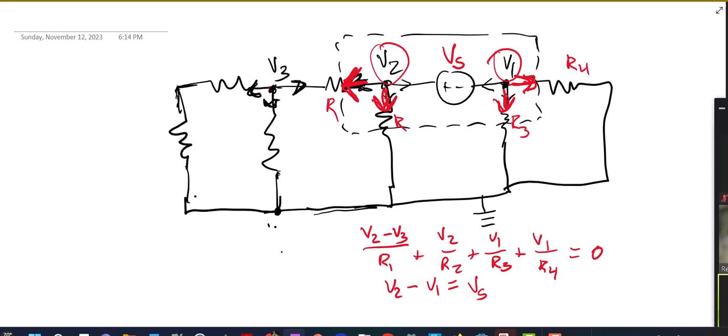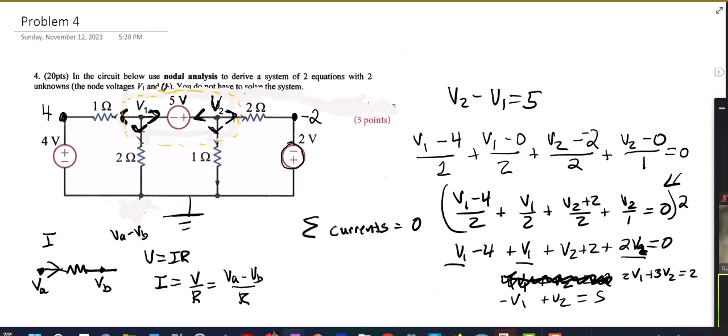Okay, so going back and looking specifically at this problem, my currents were this current, this current, this current, and this current. So V1 minus 4, that should have been over 1, right?